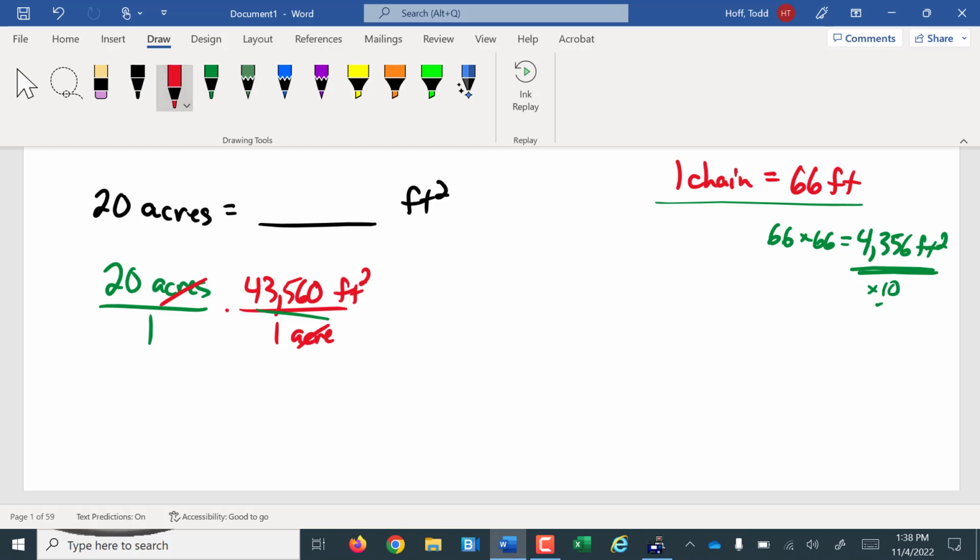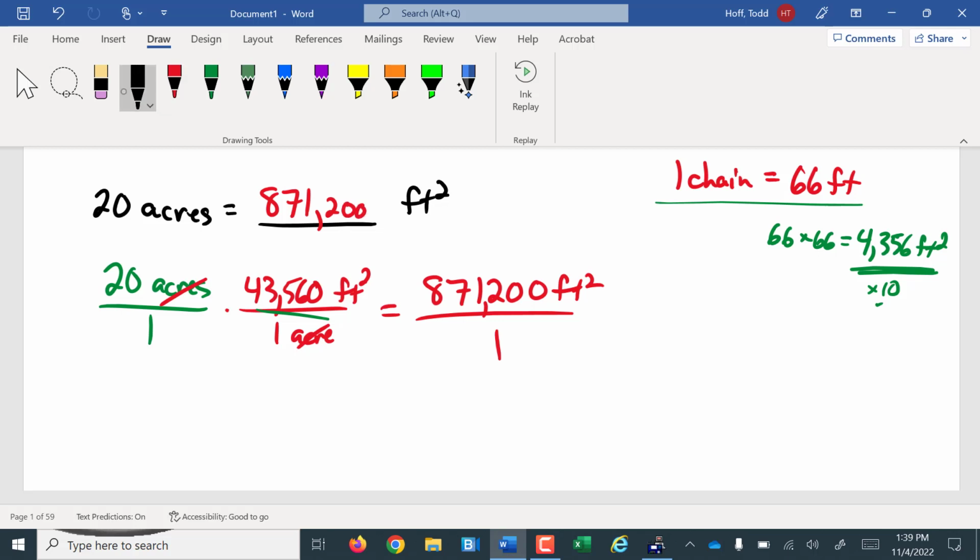That's probably not any easier to remember, but it's one of the ways I remember it. So anyway, on top, we've got the 20 times 43,560. What is that? 871,200 square feet over 1. Does that look right? There we go. That's a lot of square feet.